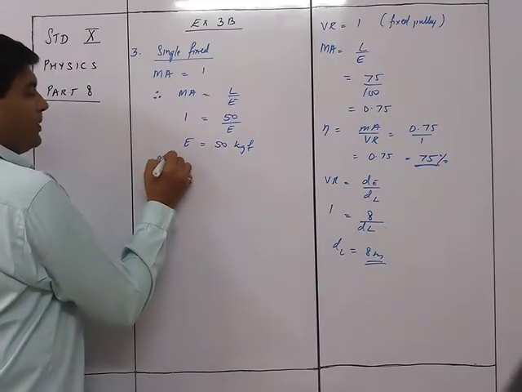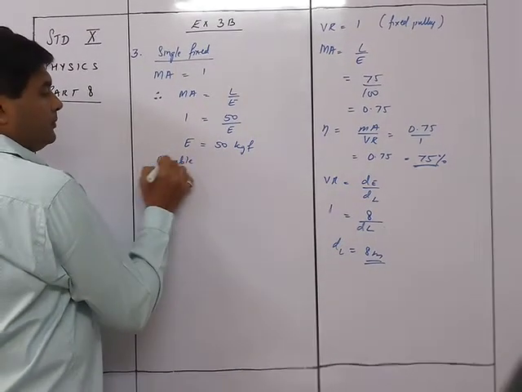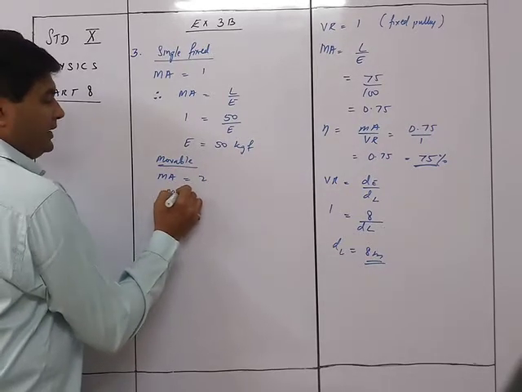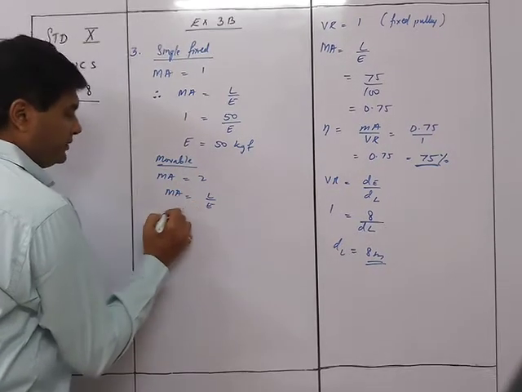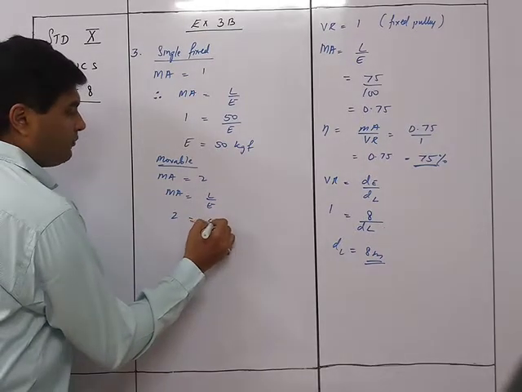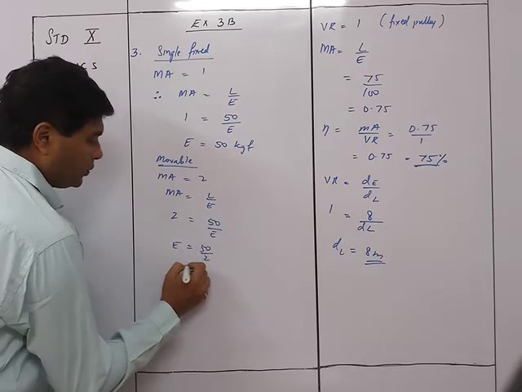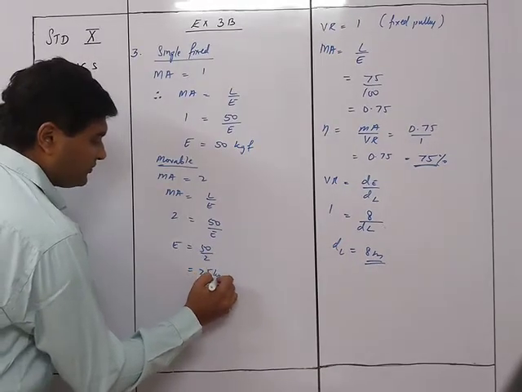In case of a movable pulley, we see MA is equals to 2. Therefore, MA is equals to load upon effort is equals to 2 is equals to 50 upon E. So E is going to be 50 upon 2 is equals to 25 kgf.